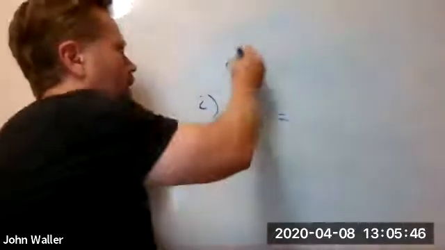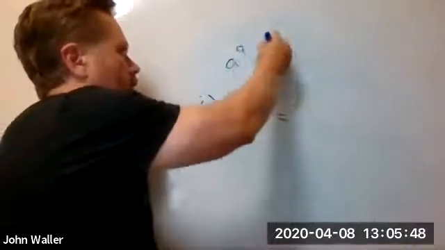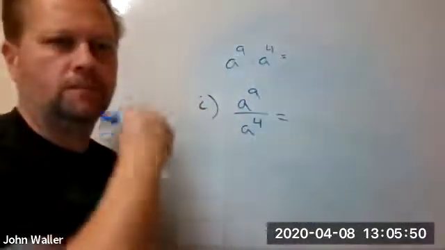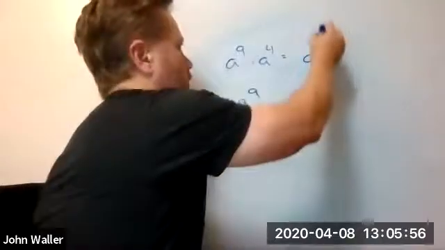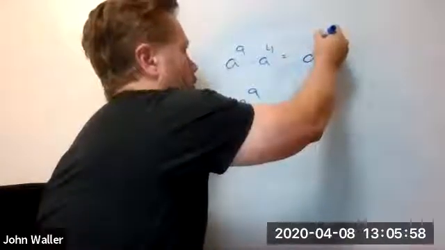What do you do when it's a to the 9th times a to the 4th? What would the answer be? Add exponents. Yes, add exponents. So it'd be a to the 13. You're thinking about this one.